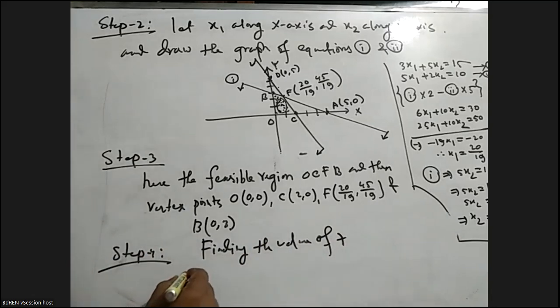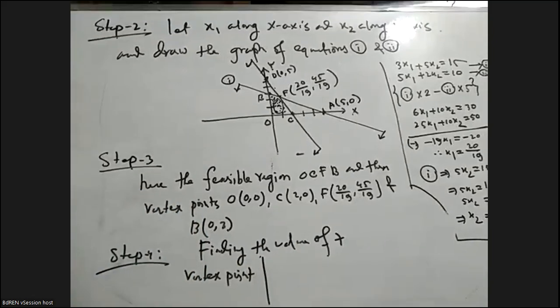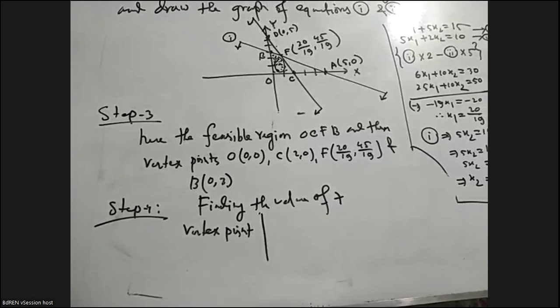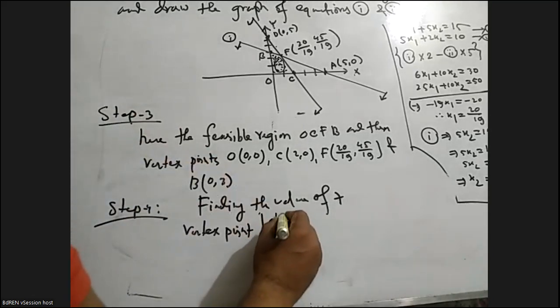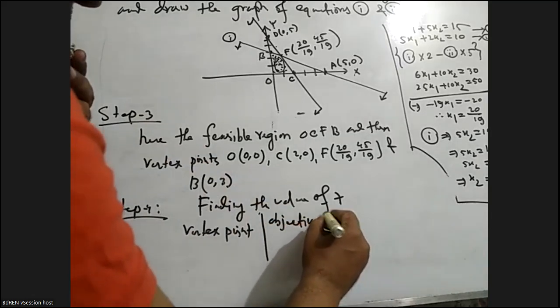Just at each vertex point or corner point, find the value of the objective function.